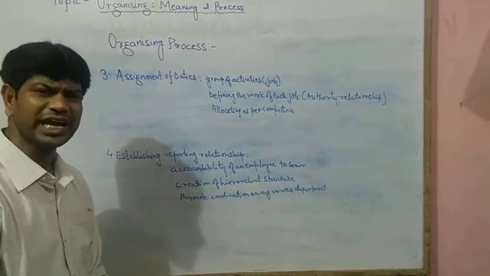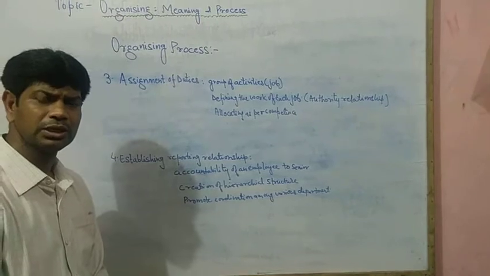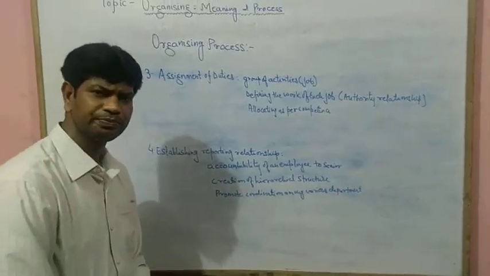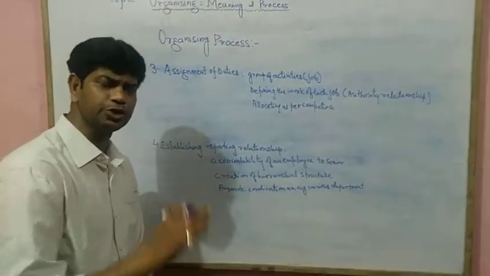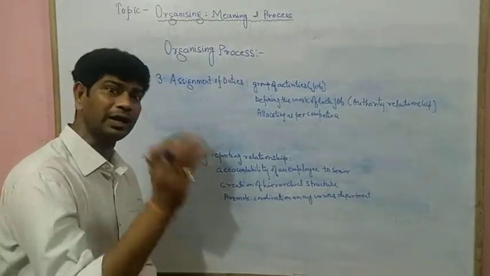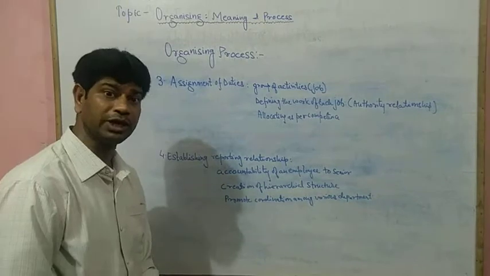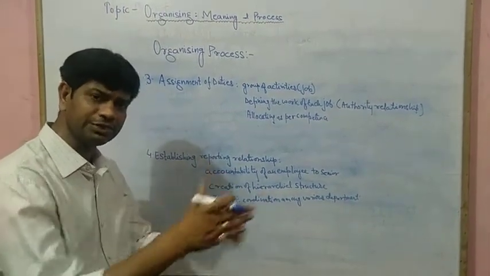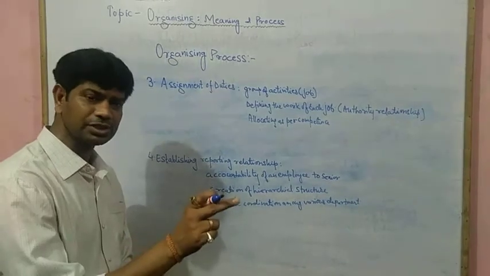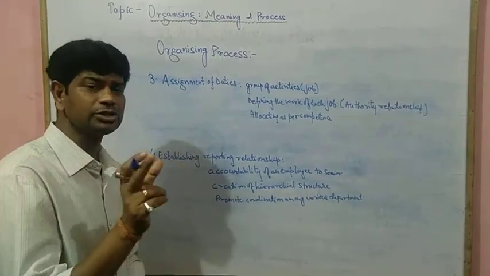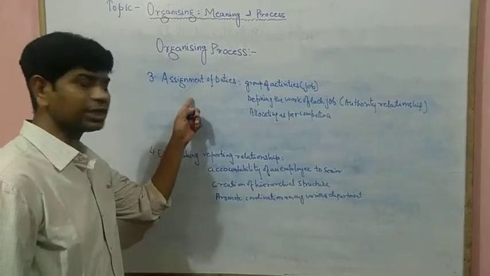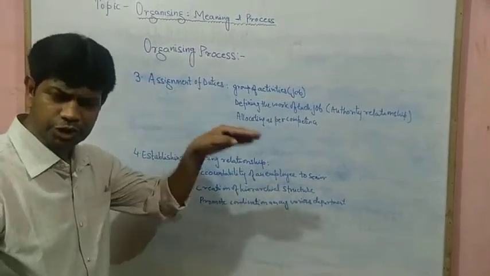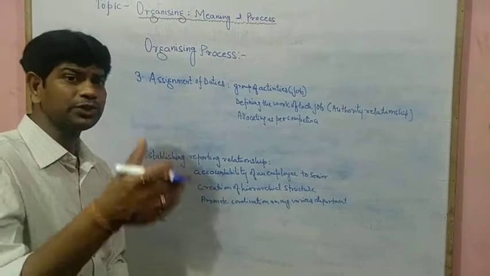But before those activities take place, a formal structure is created within which the different individuals are allocated those activities according to their competence, and then the scope of their authority is defined. So this stage is basically concerned with allocation of duties to the individuals according to their competence.